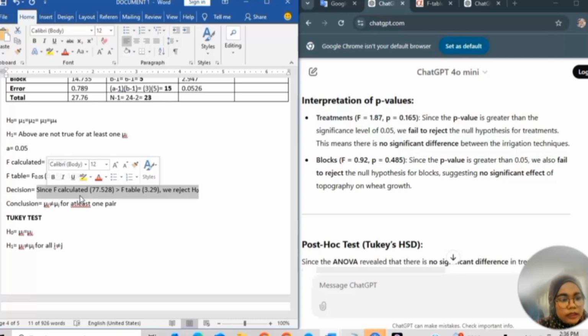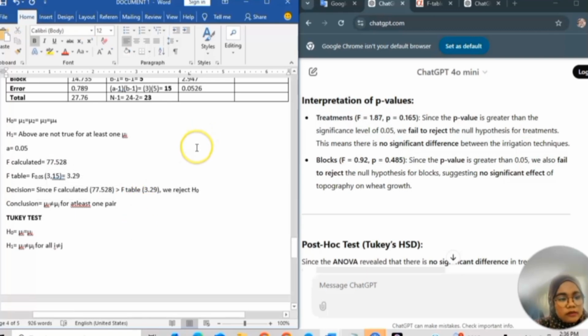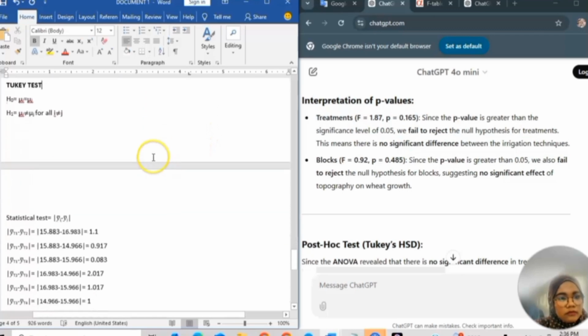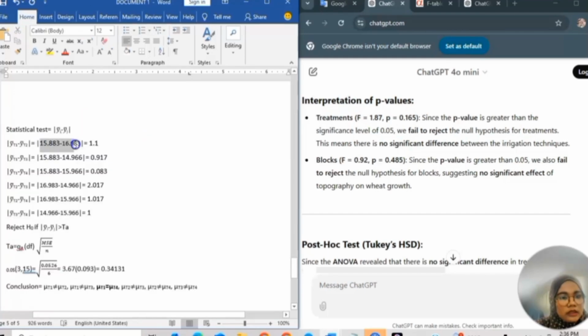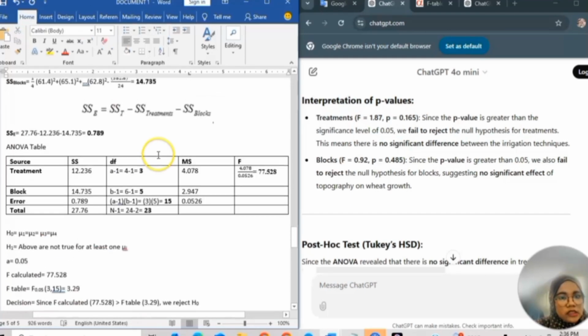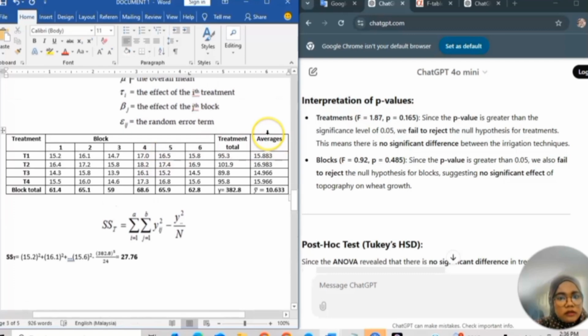Because I reject the H null, I have to do the T test. H null: mu i equals mu j. H1: mu i unequal mu j for all i unequal j. This number I got from the average, and here.